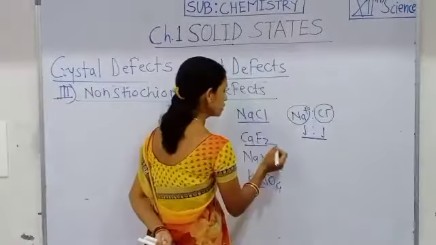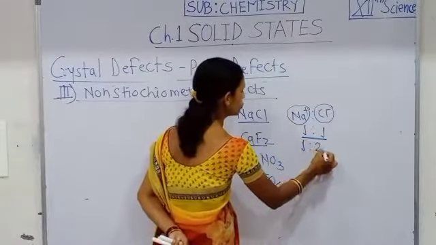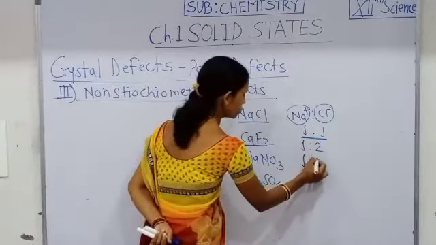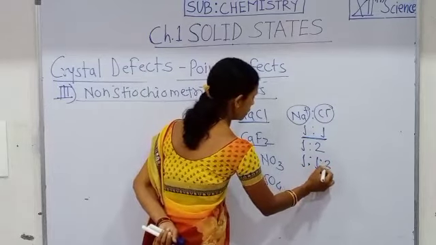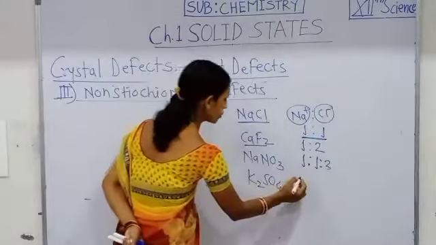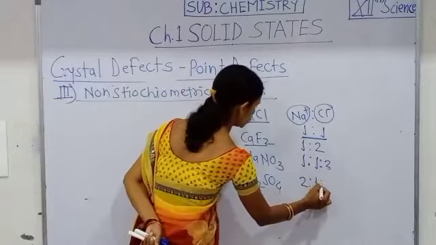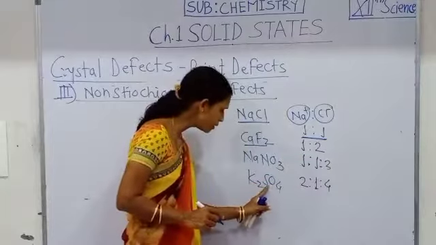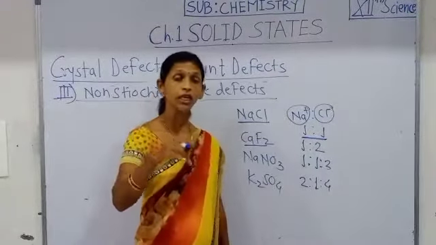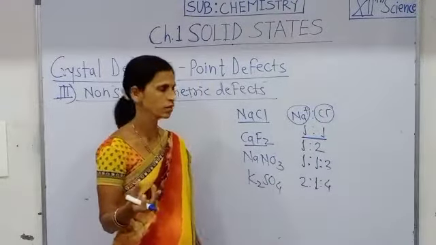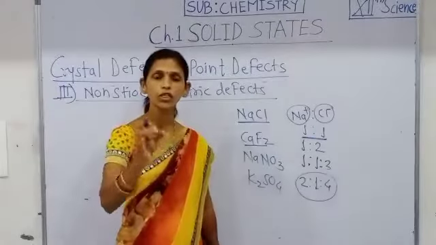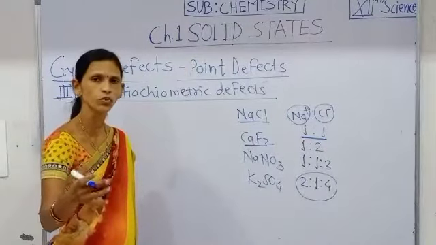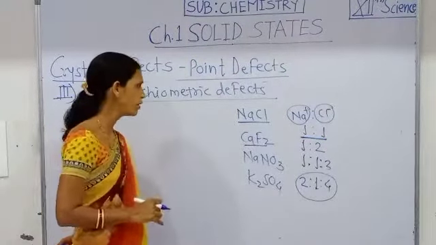And in CaF2 it is 1:2, in NaNO3 it is 1:1:3, and in K2SO4 it is 2:1:4. That means the ratio of constituent particles in the crystalline substance being a whole number ratio is called the stoichiometric ratio, and that changes to a non-stoichiometric ratio.